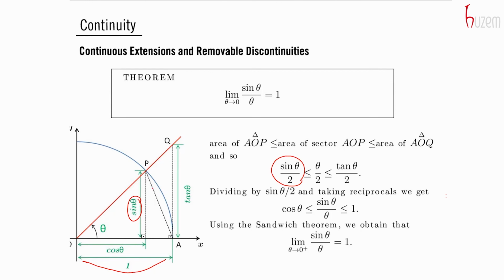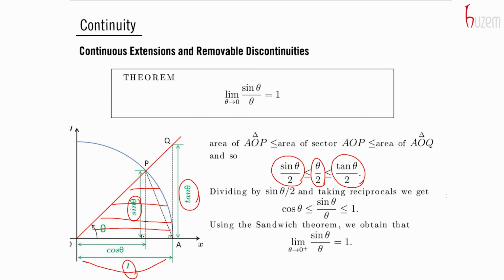And then we have this sector of the circle, whose area is theta divided by 2. And finally, we have the biggest triangle, whose height is tangent theta, whose base length is 1. So 1 times tangent theta divided by 2. So this is the third area.